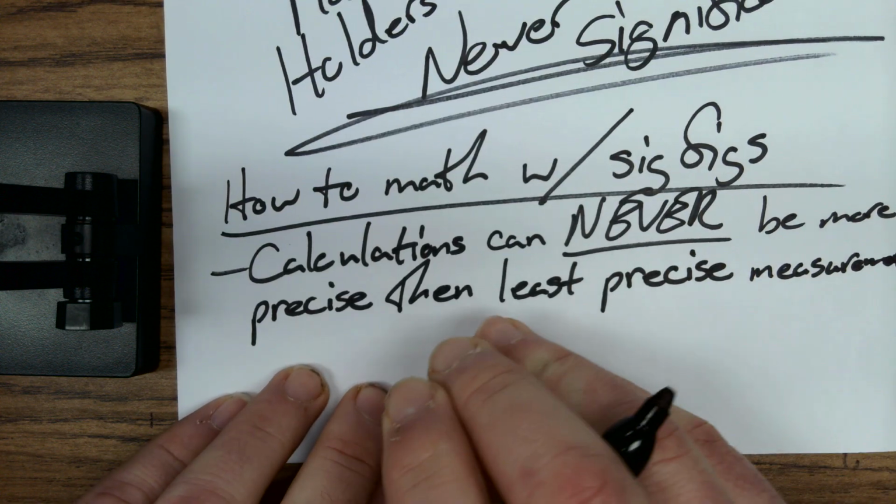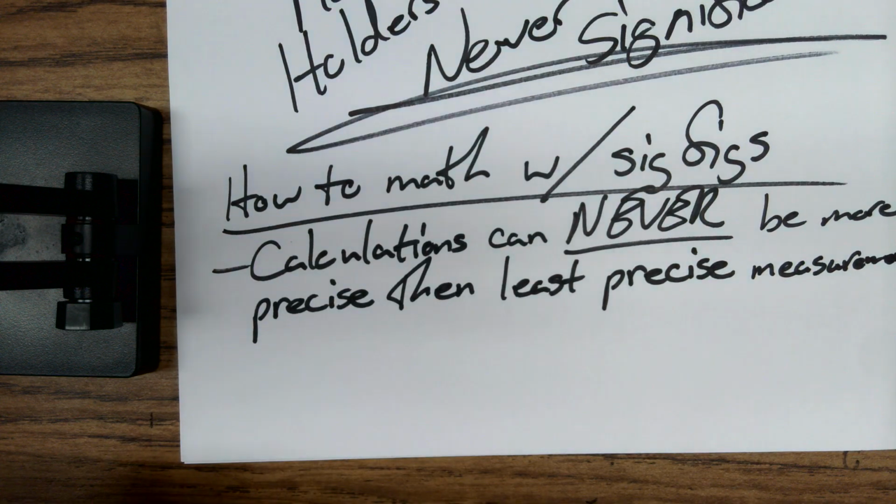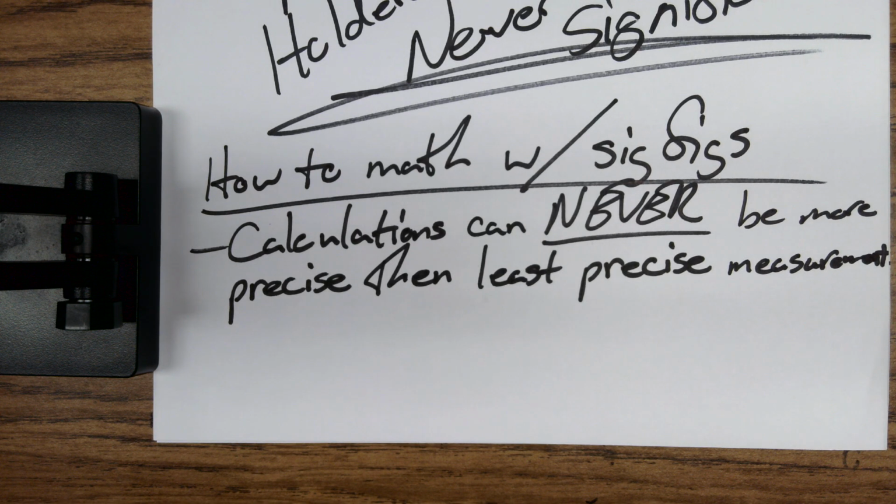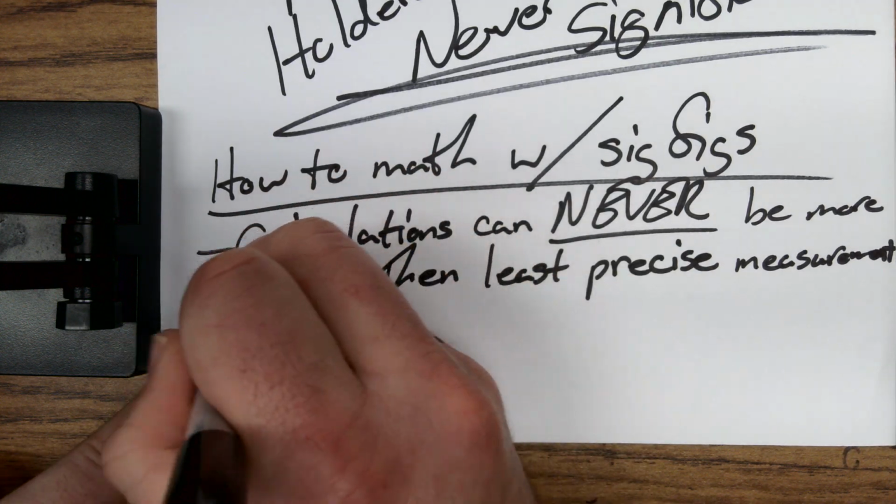And I'm running out of space. So we can never just take the calculator's answer as the final answer. Most of the time, we're going to have to do something with it.